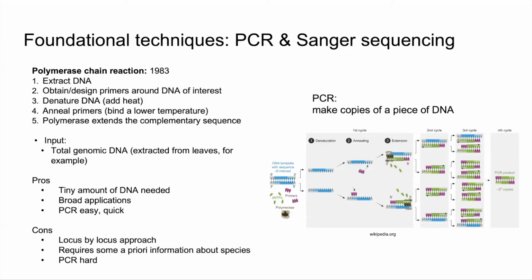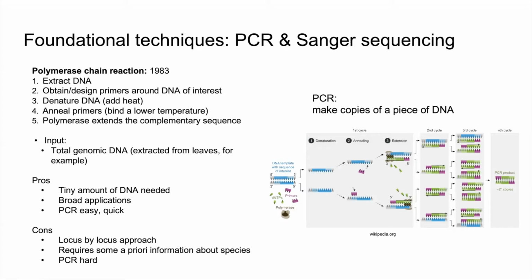So now I mentioned PCR and Sanger sequencing are both easy and hard. And now I want to step back a little bit and talk about polymerase chain reaction. So this is a technique that was developed in 1983, and it's been widely applied to a lot of different studies and situations. But basically what this means is that you extract DNA from tissue, and then you use primers around a piece of a locus of interest. So you design some primers, and those are shown in this figure in purple, to the lower right of the DNA template sequence of interest.